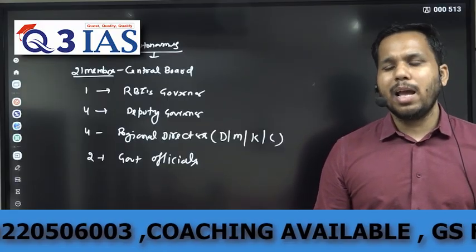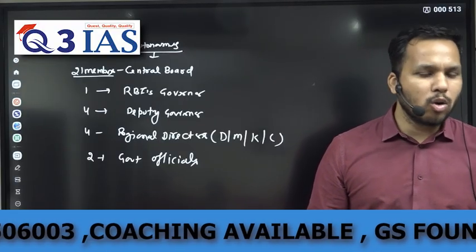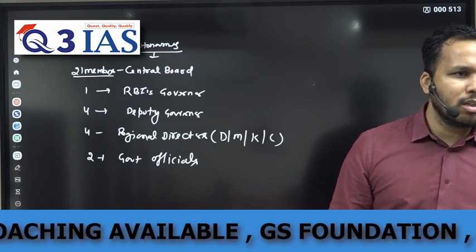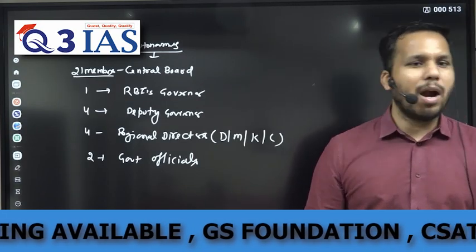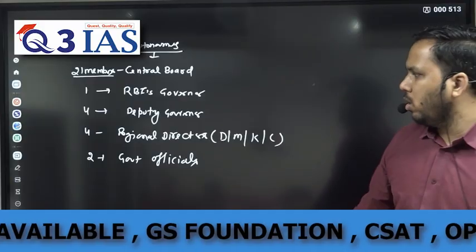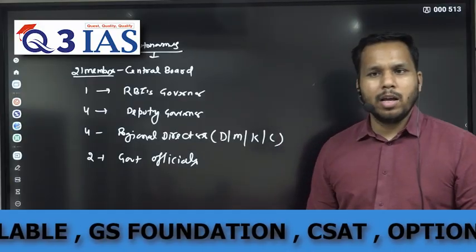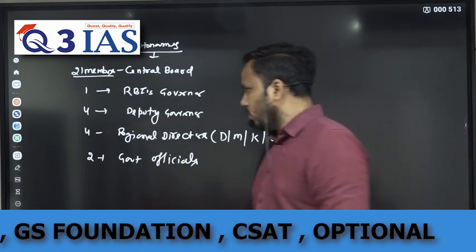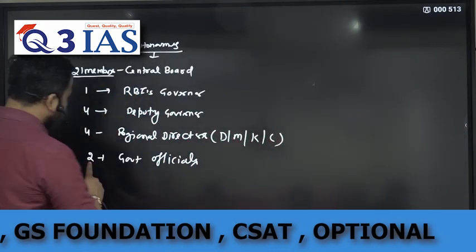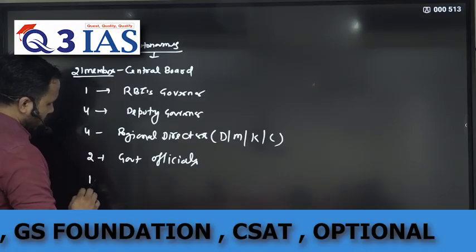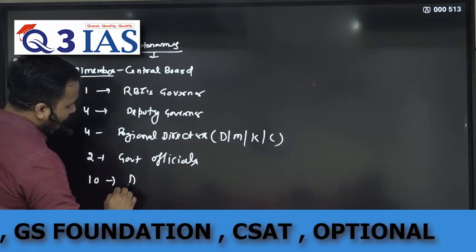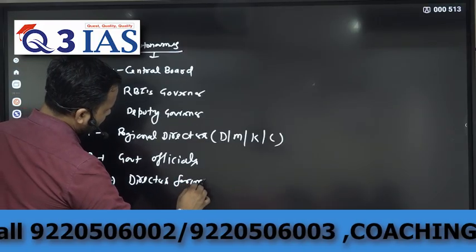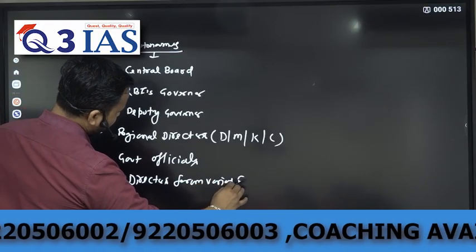Suppose they belong to the Indian Economic Service. They are working in the revenue department of the government, under the tax department. Then the government can appoint them as a representative of the government in this board. And how many members are left? 10 members. 10 directors from various fields.